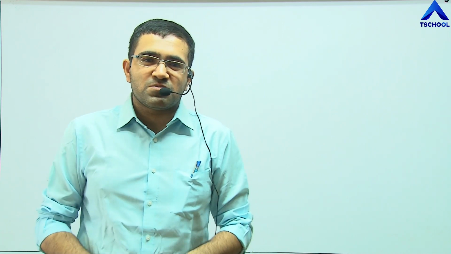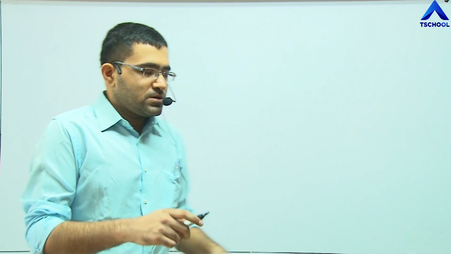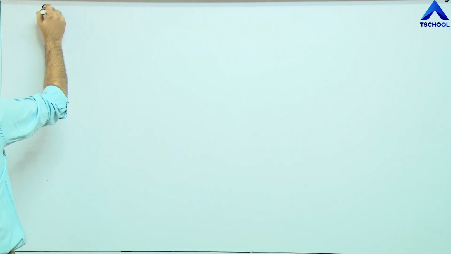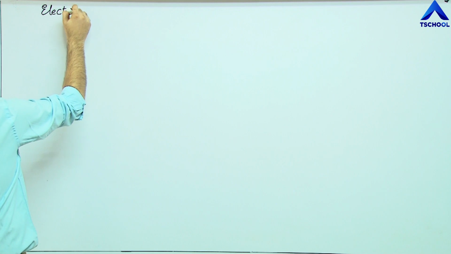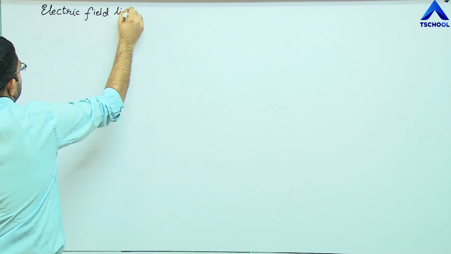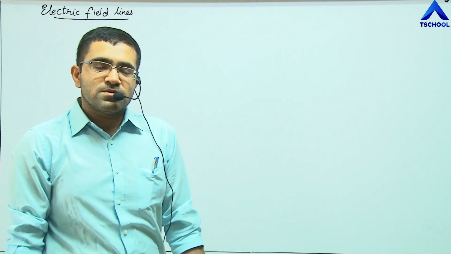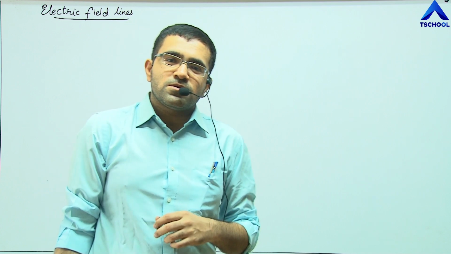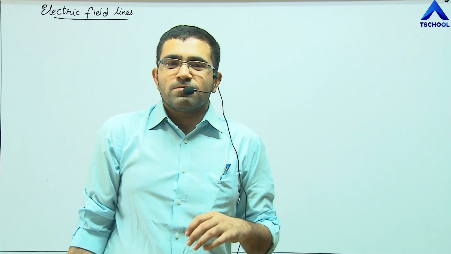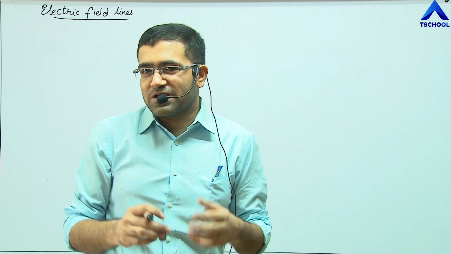The name of the concept is electric field lines. I'm sure you've heard things like magnetic field lines of Earth, magnetic field lines of a magnet.